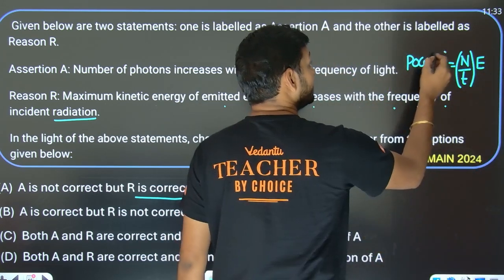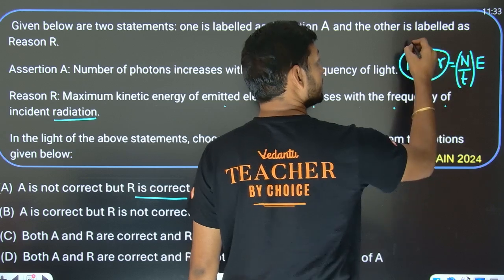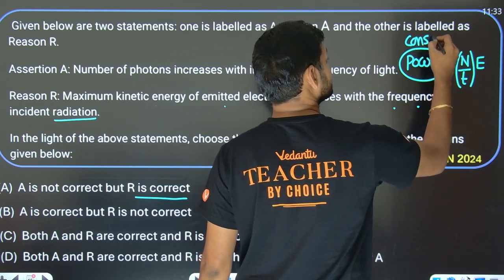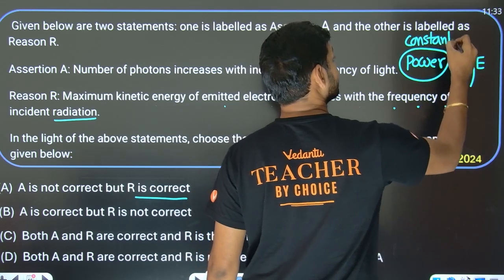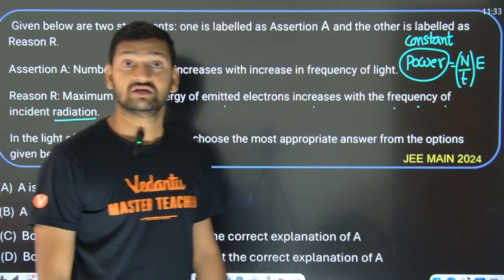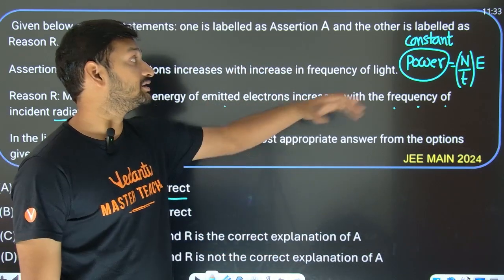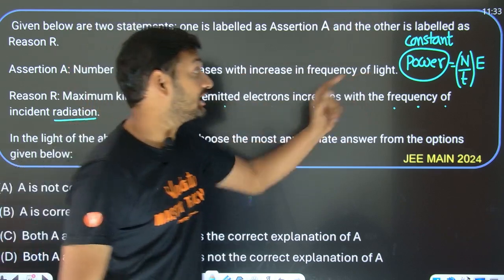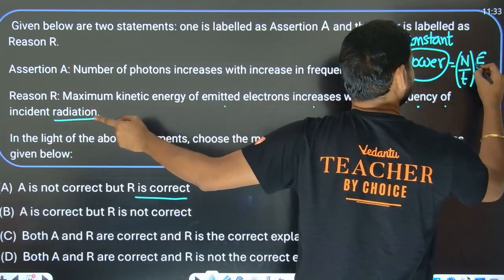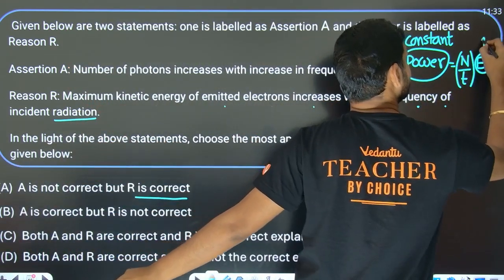So if you maintain the same power source, which is not given in the question, that's what happens in JEE Mains sometimes. So there you have to use your common sense. I'm assuming that they are talking about a constant power source. Then if you increase the frequency, the energy will increase.